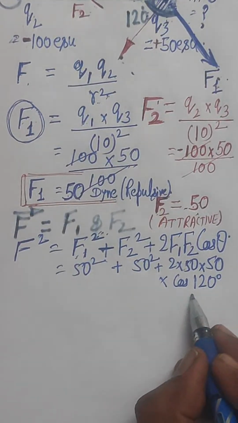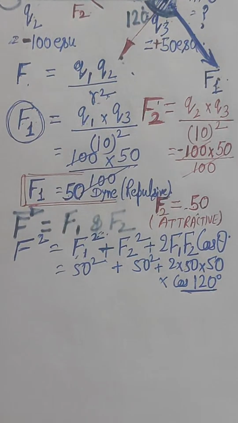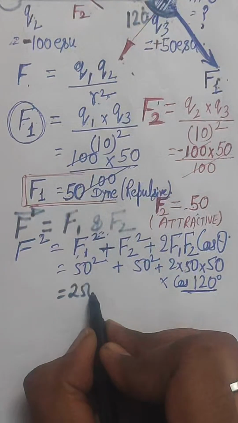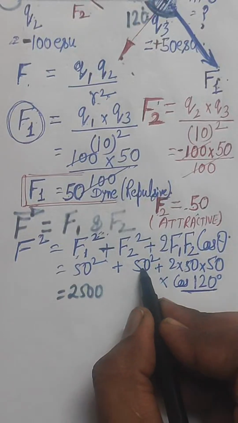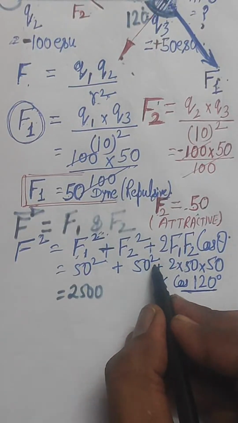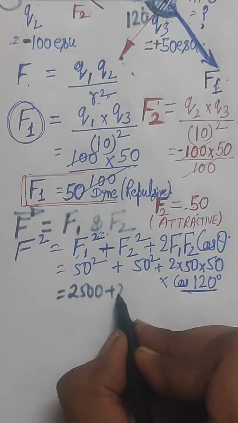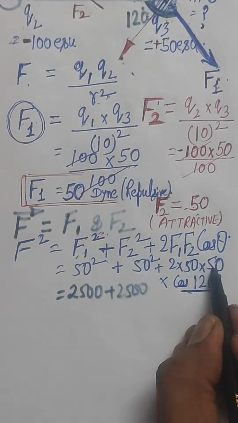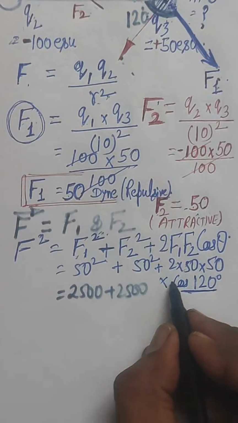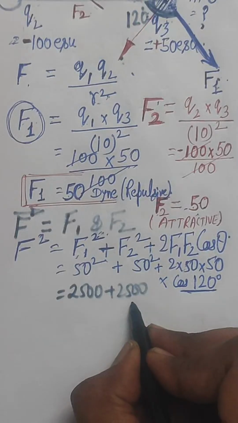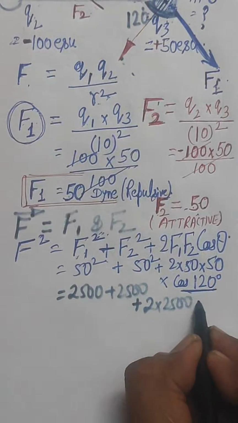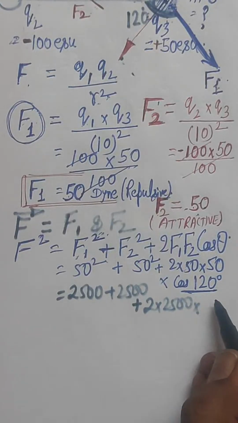Now, what is cos 120 degree? 50 square is nothing but 2500, and this 50 square is nothing but 2500, plus 50 into 50, that is again 2500, into 2, that is 2 into 2500 into cos 120.